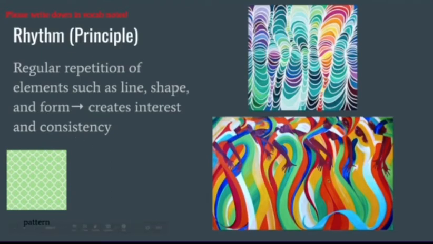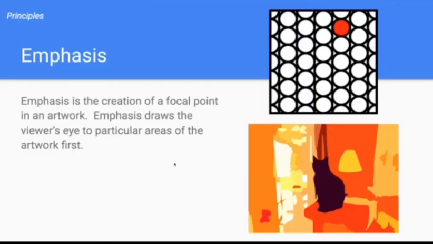So I think of rhythm as very similar to pattern, except with pattern, so I have an example down here of pattern, you can tell exactly what's going to come next. So you know for certain what's coming next, where with rhythm, there's a little more flexibility and a looseness to it. So you have the consistent shapes and movement, but you don't have exactly what's coming next, if that makes sense.